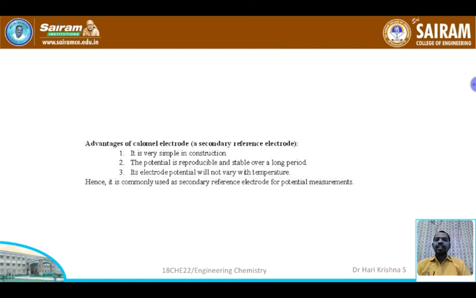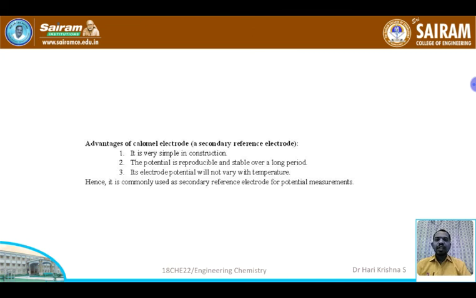Its electrode potential will not vary with temperature, that is, it is constant up to 40 degrees Celsius. Hence it is commonly used as a secondary reference electrode for potential measurements.